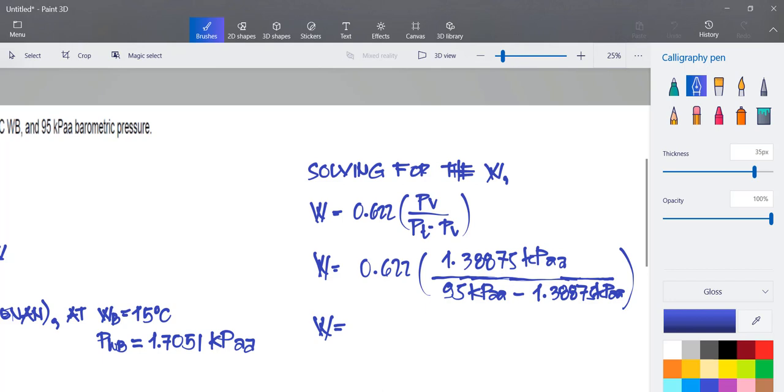Using our calculator, that is equal to 0.00923 kilogram moisture per kilogram dry air. So mostly it will be a direct substitution na lang. So we have there the answer for the moisture content.